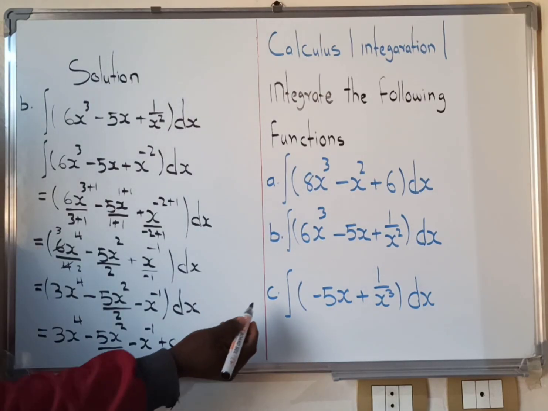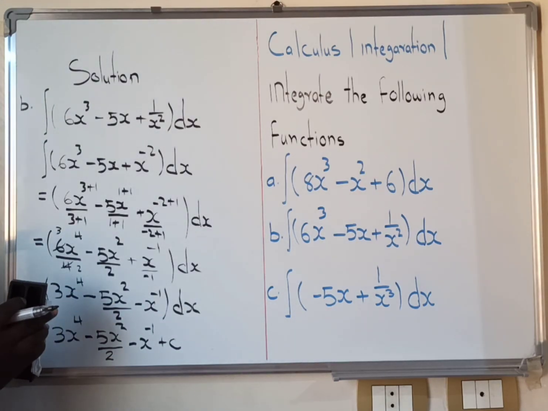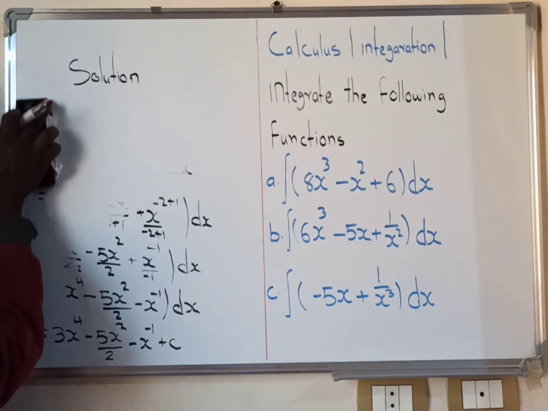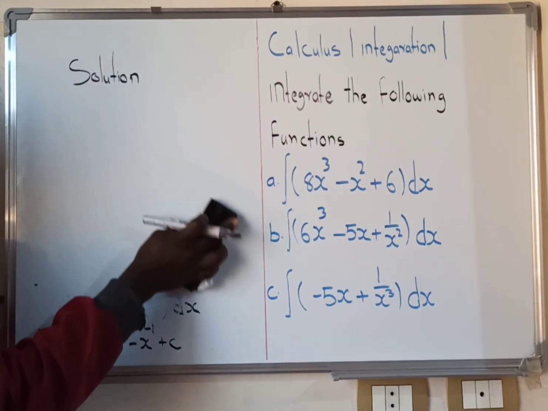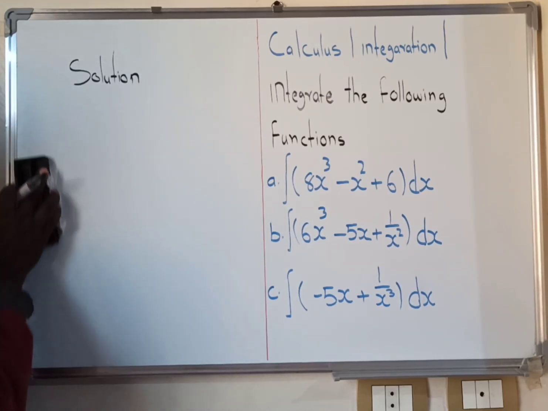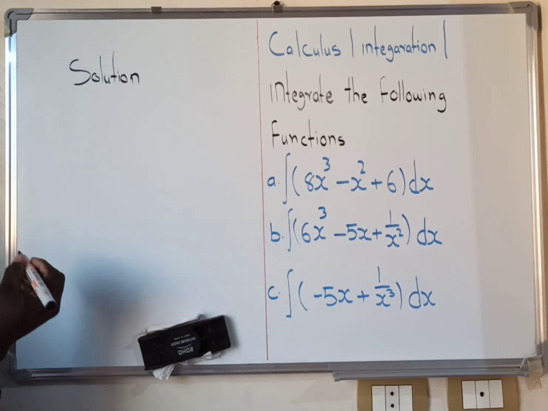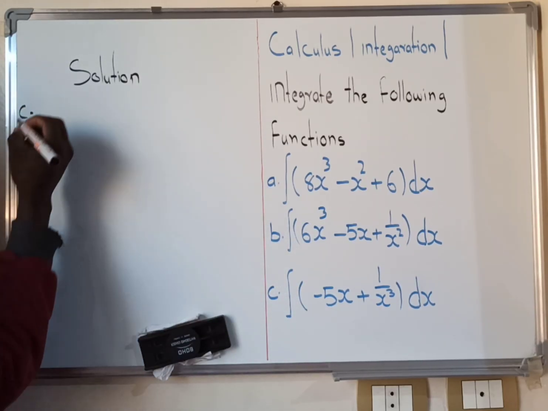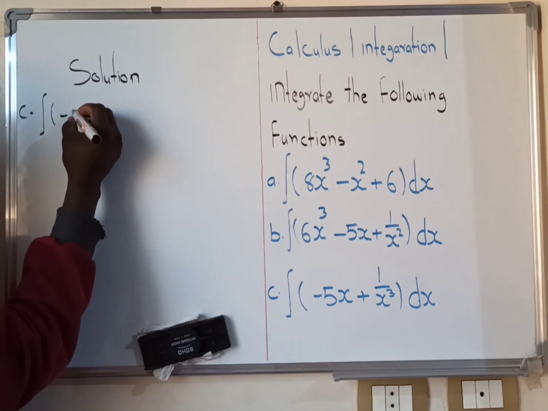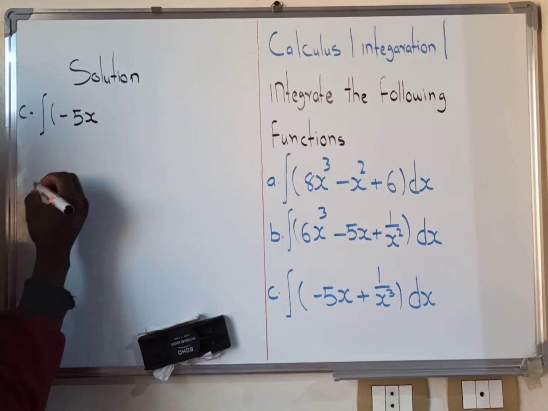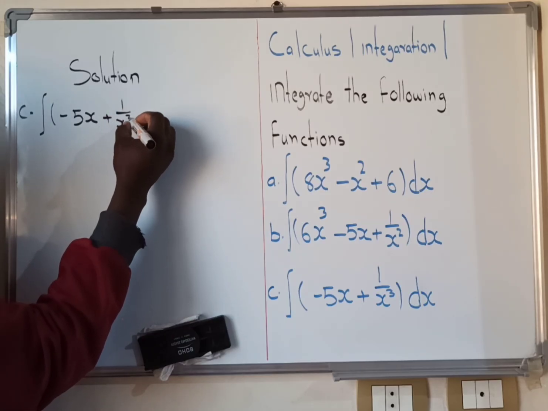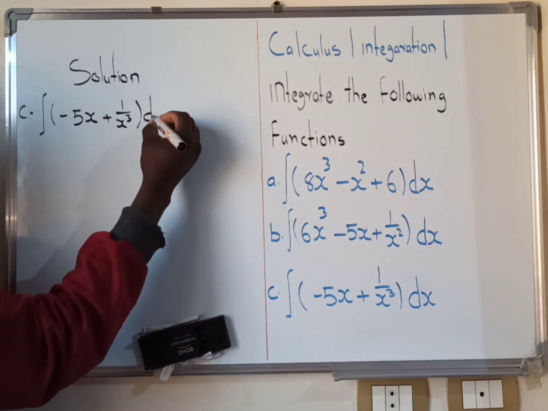So let's look at example number C. Example number C, we have to write it here, C. So we have the integral of bracket minus 5x plus 1 over x cubed bracket dx.